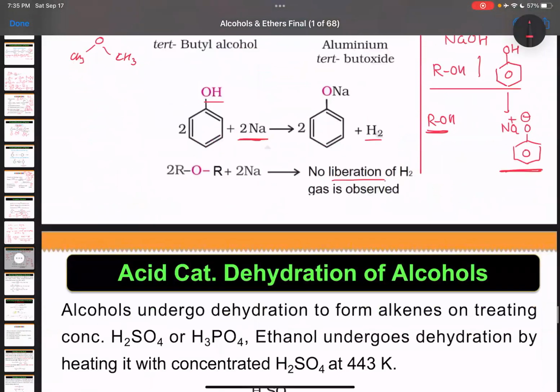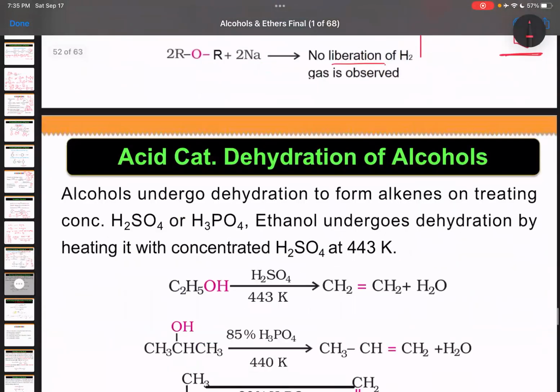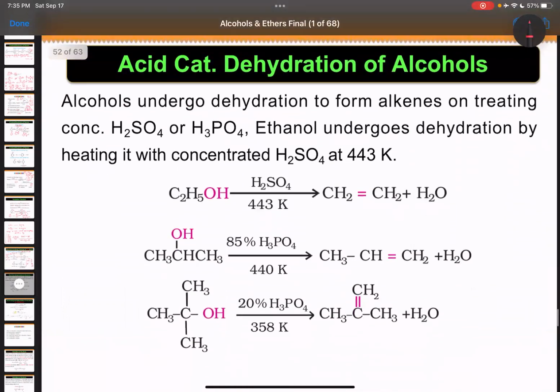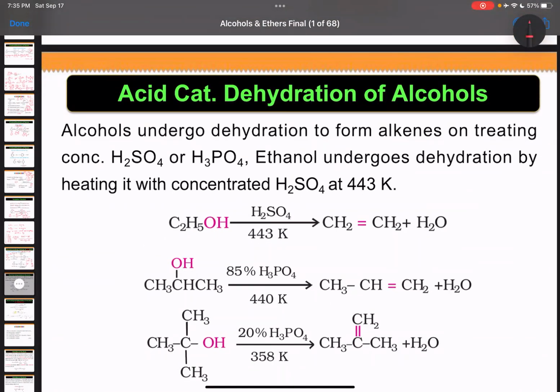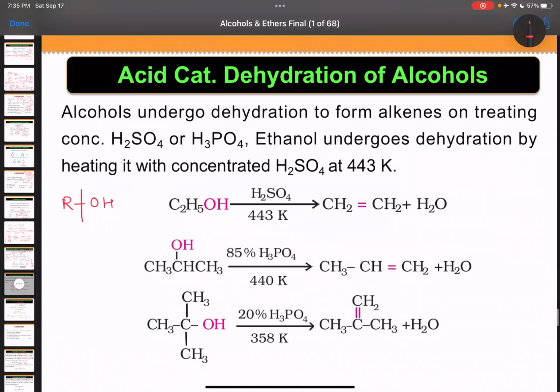Now the next reaction is acid catalyzed dehydration of alcohol. So let me tell you one more thing. Wherever you are going to break the R-O bond, the R-O bond is going to be broken in this manner.